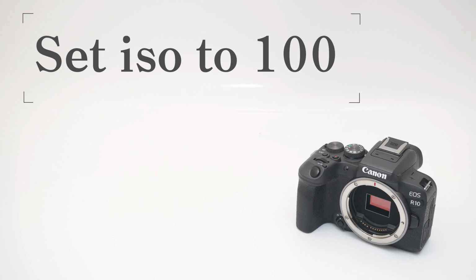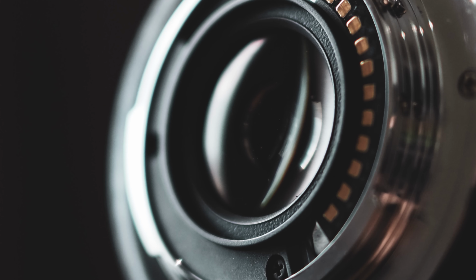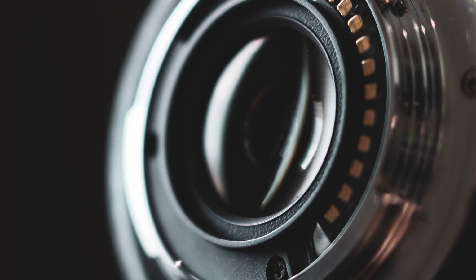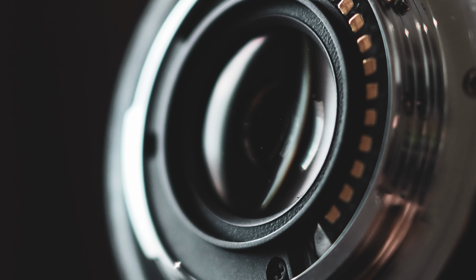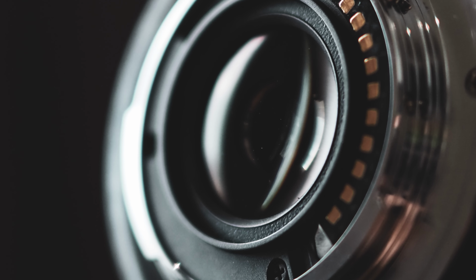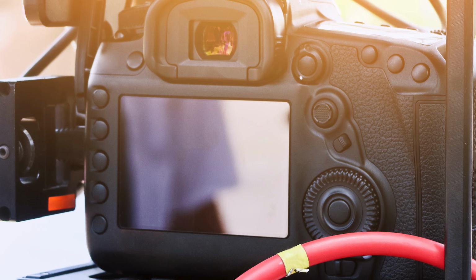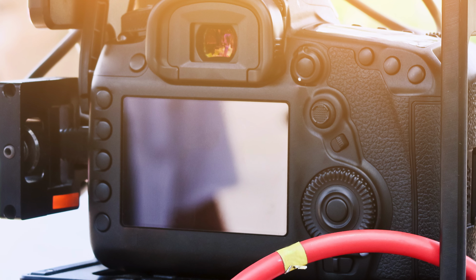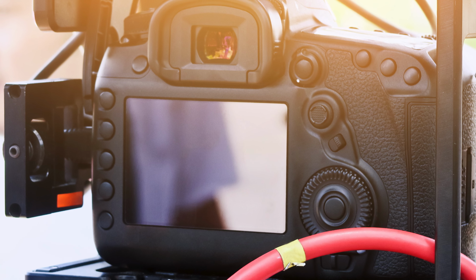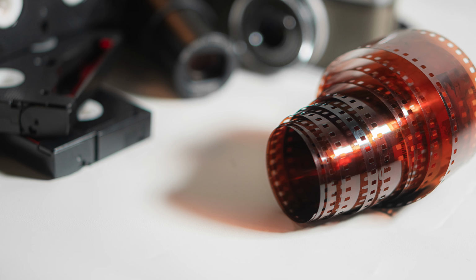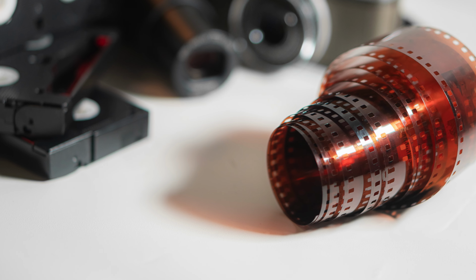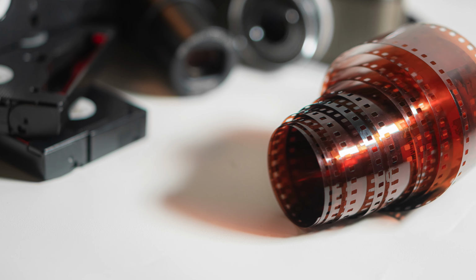Set ISO to 100. When capturing scenes where you want to capture every detail, such as waterfalls and landscapes, it's important to take photos without compromising image quality as much as possible. So you need to be mindful of the ISO setting.